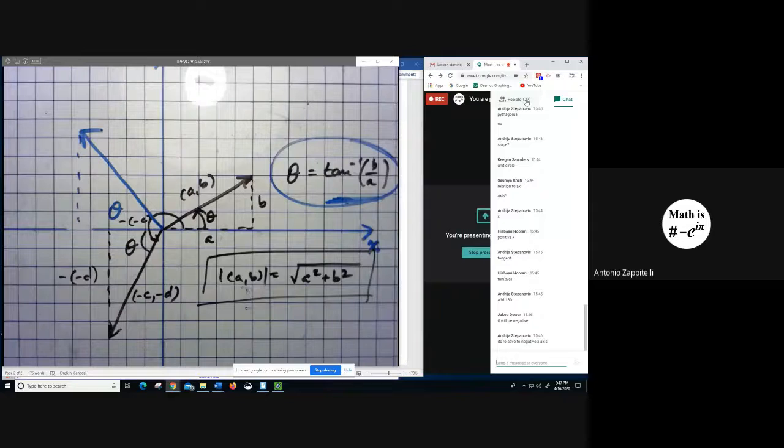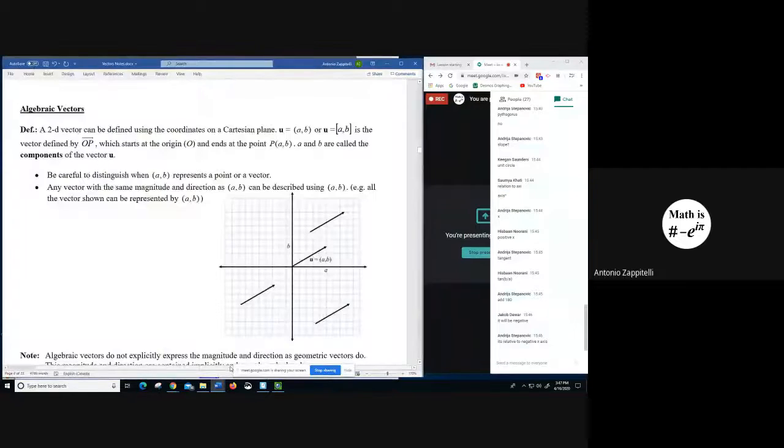Okay, so let's take a quick look at the notes here. Sorry, this is going a little longer than I anticipated. Notice here I'm now qualifying this idea of vectors.